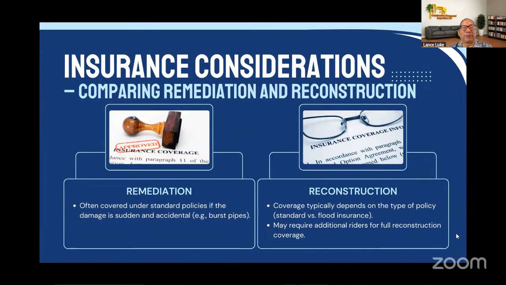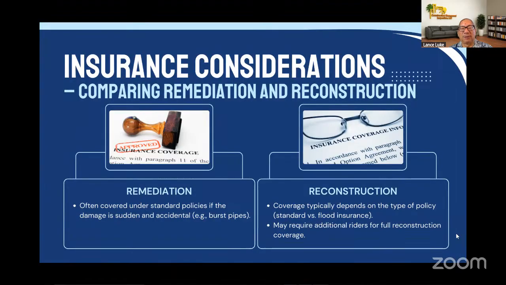Insurance considerations. Insurance companies, they only want to pay the least amount possible, right? So the remediation is often covered under standard policies if the damage is sudden and accidental, such as a burst pipe, right? But if it's determined that the leak's been going on for months and months and months, the insurance company is going to say, this isn't a sudden event. It's been going on a long time, so we're not covering that, right?